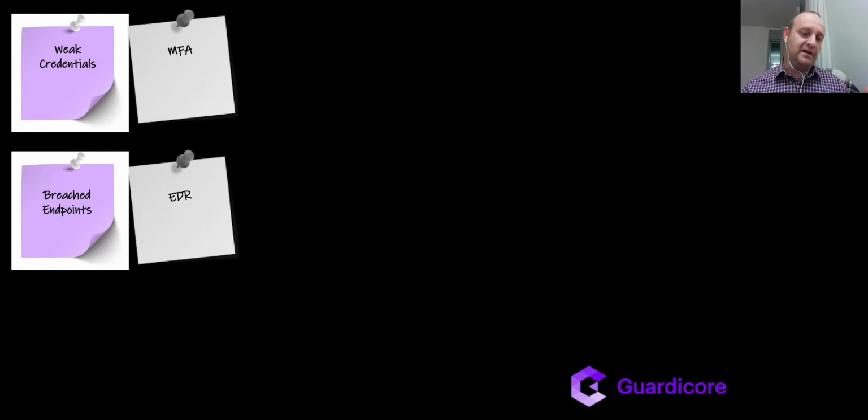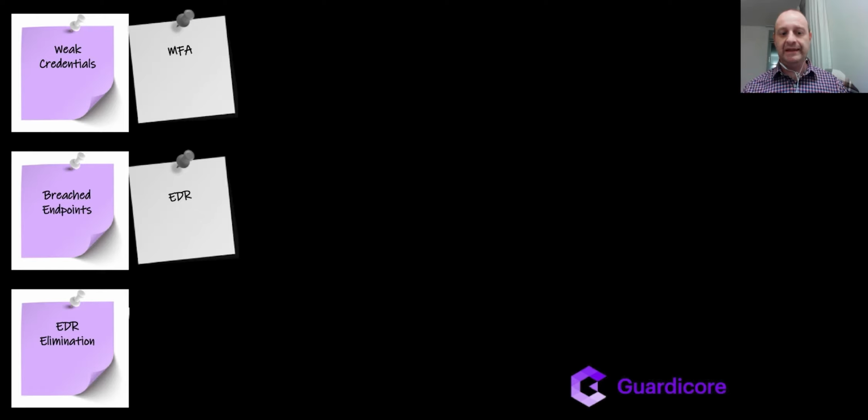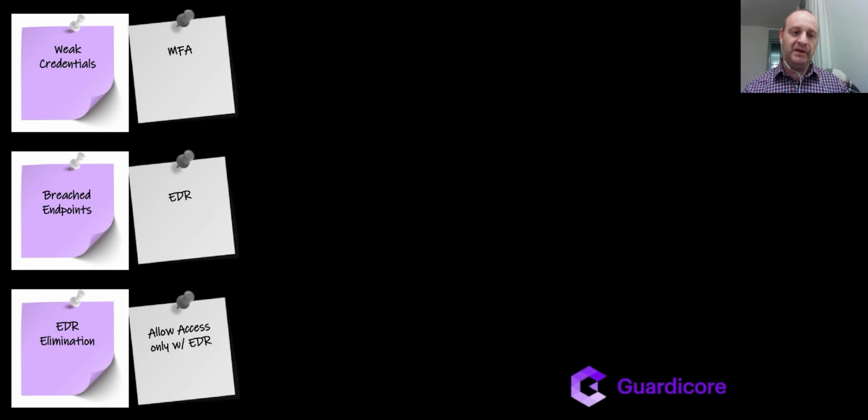What we can try to do is make sure that the connection is only allowed if the EDR is actually running, and there are some technologies that help you do that. But my thought here is that it can be operationally very complex, and this is not the biggest risk problem that you have.